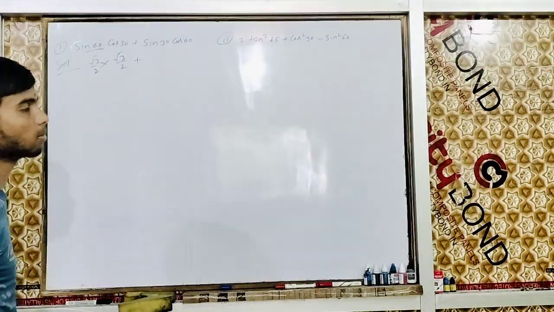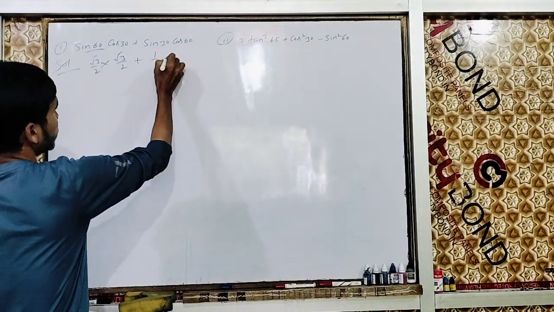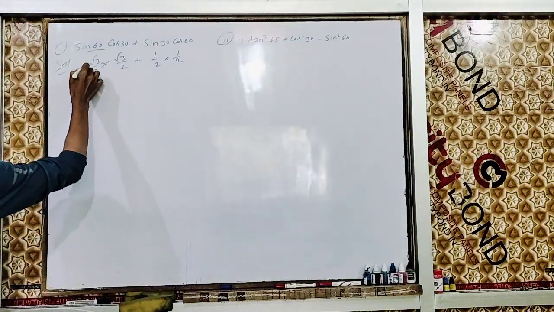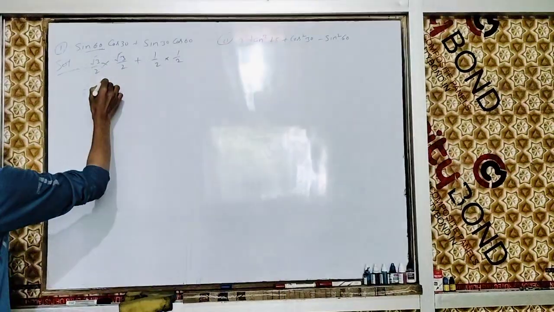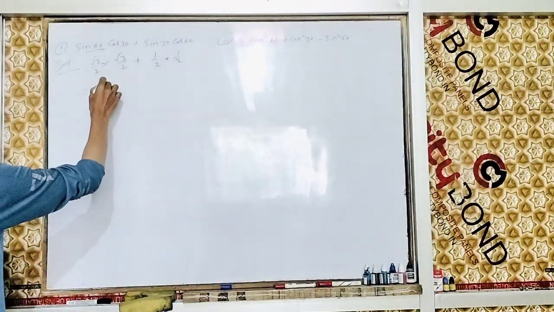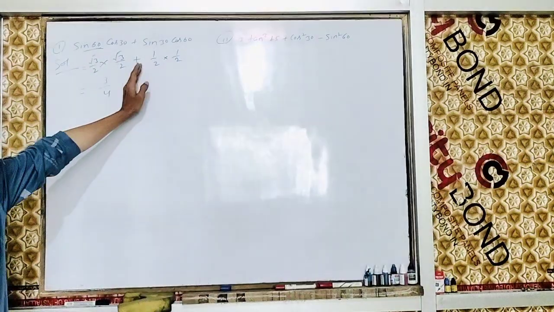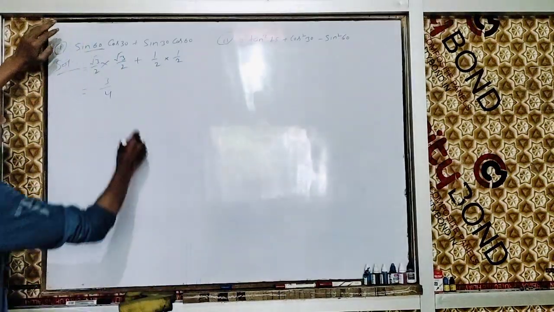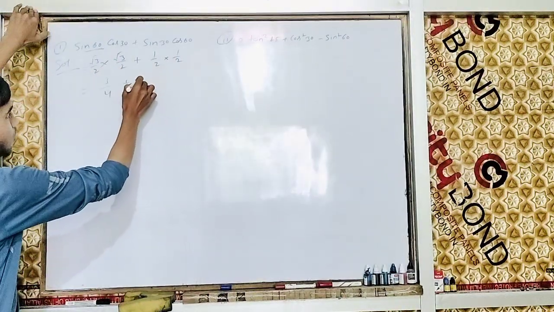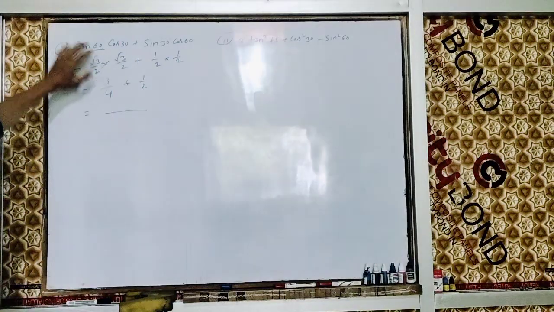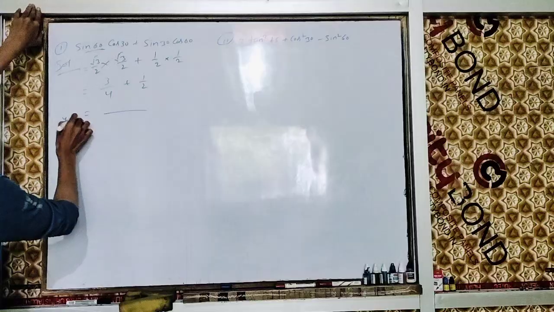Here sin 30 would be 1 upon 2 and cos 60 would be 1 upon 2. Just to simplify this, then you will get 3 upon 4. 3 3s are 9 and 9 is the perfect square of 3. Then here 2 and 1. Simplify this, then you will get 4.